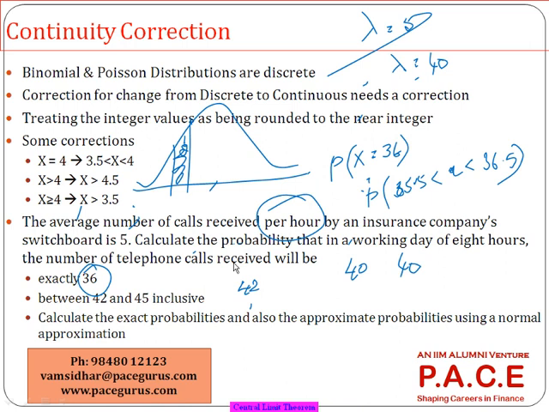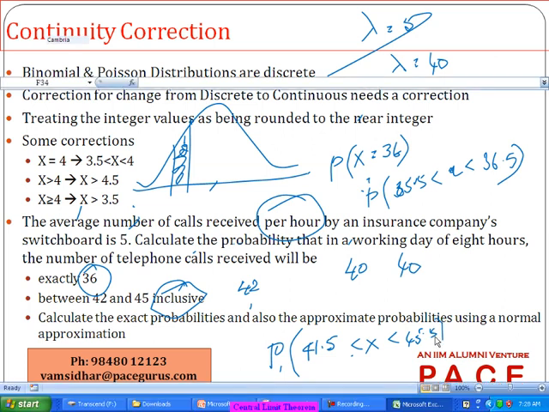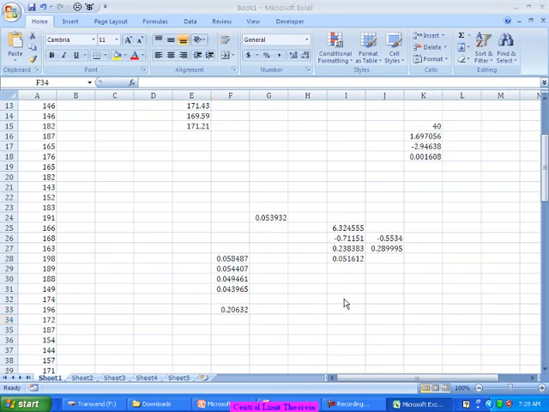Now, for this I can do an approximation to normal. Because I am talking of inclusive of 42 and 45, and 42 also needs to be included, I will start from 41.5 less than x less than 45.5, because 45 also needs to be included. Now I will convert both of them into standard normal.